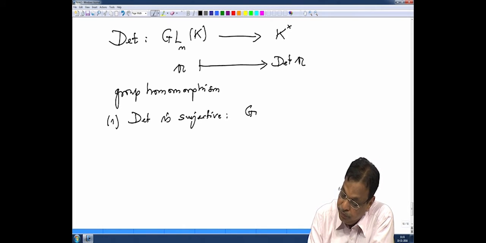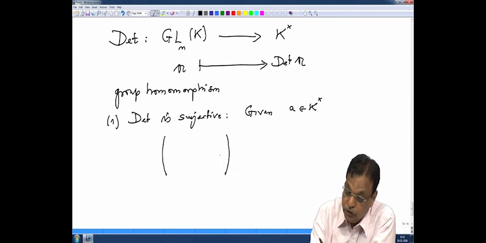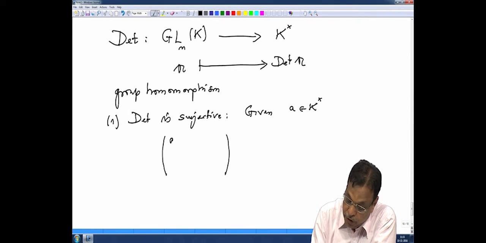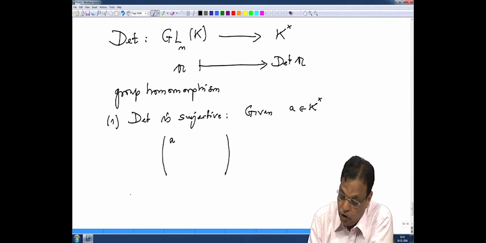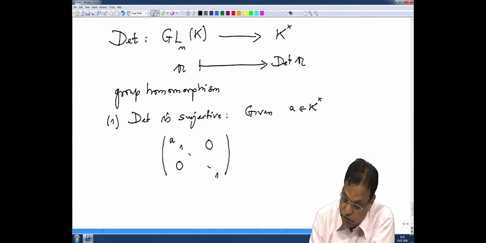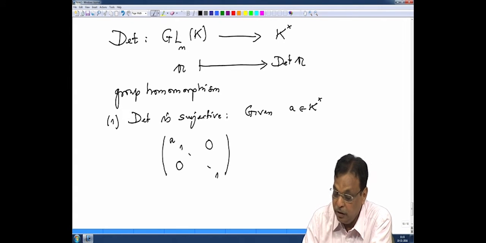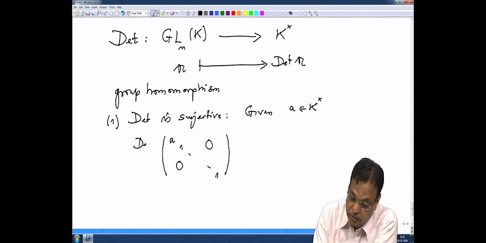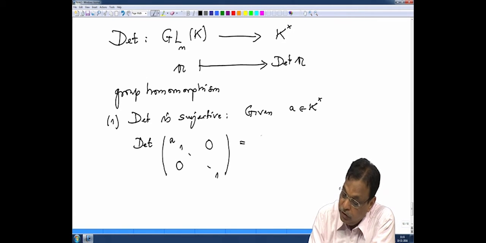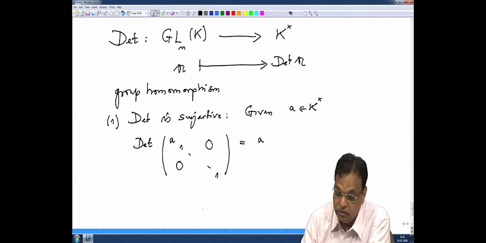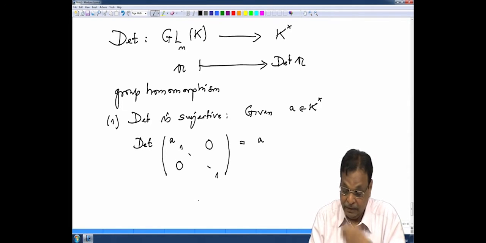So given a non-zero scalar a, look at the matrix, n is fixed, where you put a on the top entry of the main diagonal and put the remaining entries to be 1s. The determinant of this matrix is obviously the product of the diagonal entries, which is a. So therefore, a is in the image of this map. That is, the determinant map is surjective.